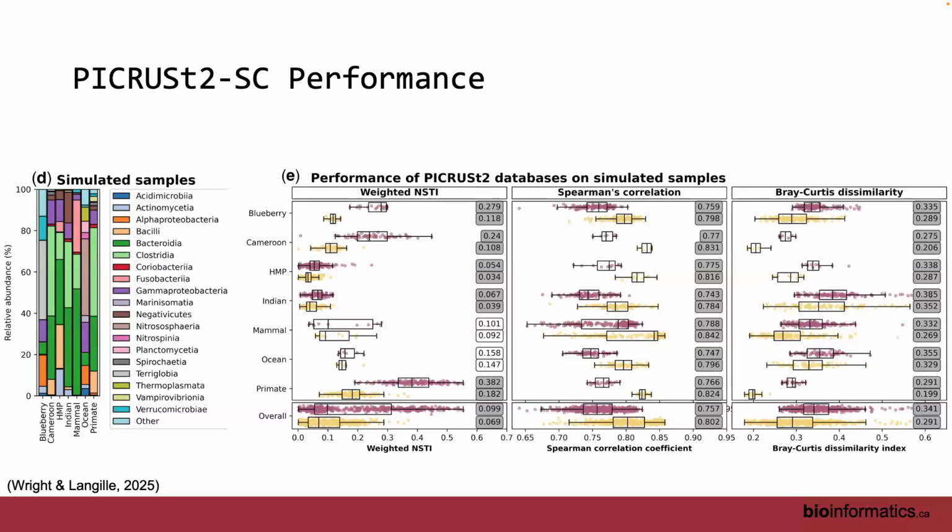And we basically add all those up and weight them by the ASVs. And so a smaller weighted NSTI value means it's better represented in that sample. If you had something really diverse, like you go to, I don't know, Antarctica and you collect a soil sample, that NSTI would be larger because we don't have as many good reference genomes.